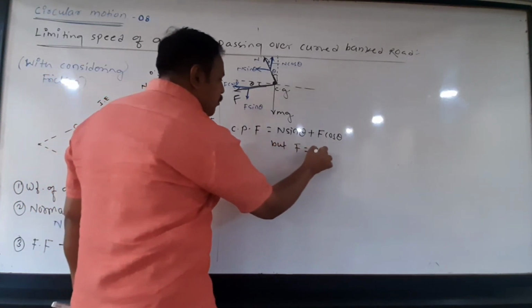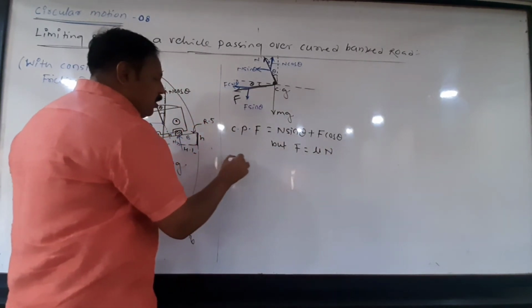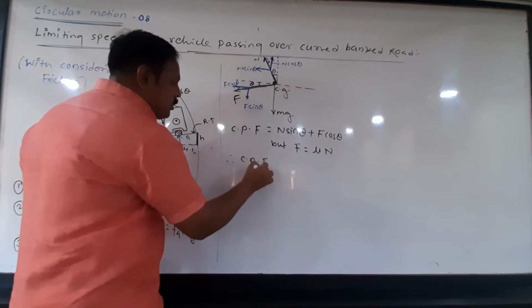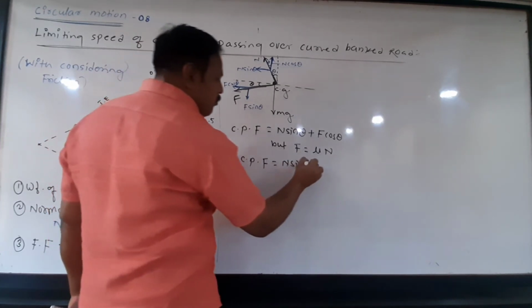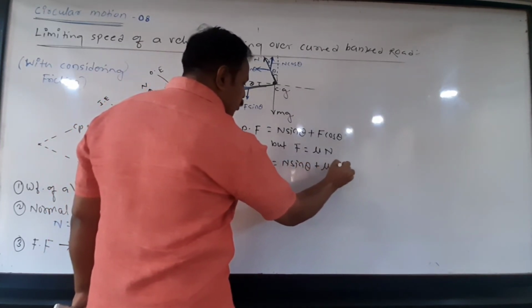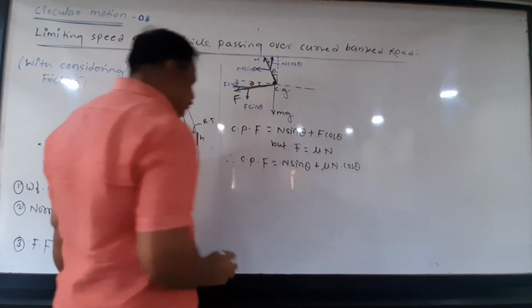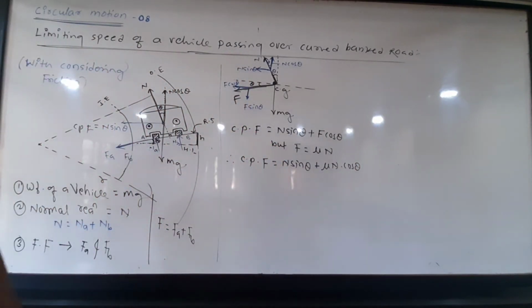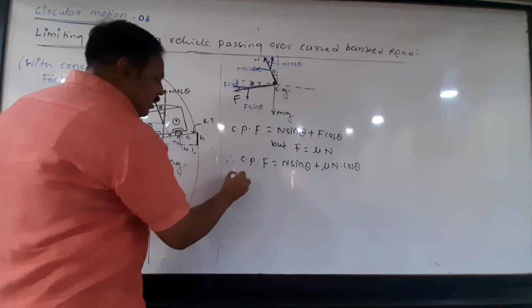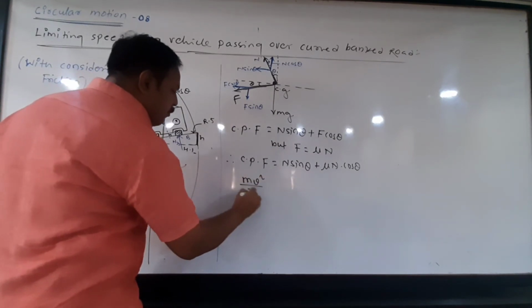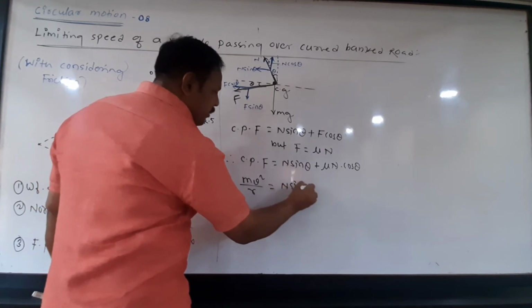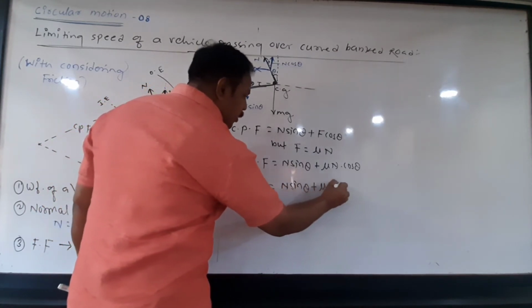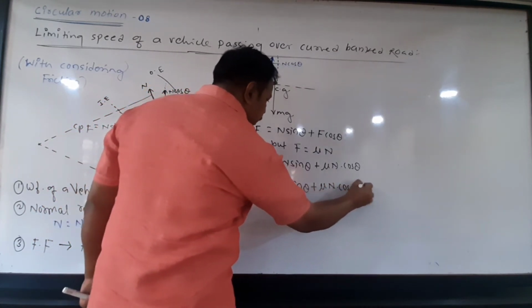Frictional force is nothing but mu into N. Therefore, centripetal force is equal to N sin theta plus mu N cos theta. Or we can say mv square upon r is equal to N sin theta plus mu N cos theta. Let this be equation number 1.